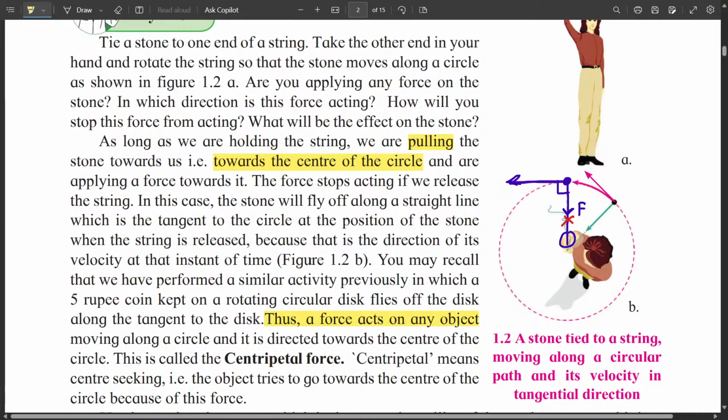Thus a force acts on an object moving along a circle as it is directed towards center of the circle. That's why we call this force as centripetal force. Centripetal means central seeking, the force which is acting in the direction towards the center of the circular path.